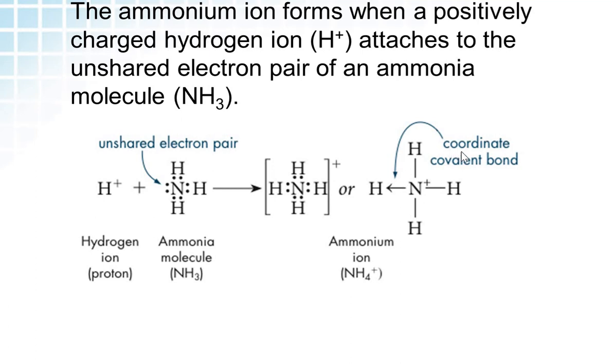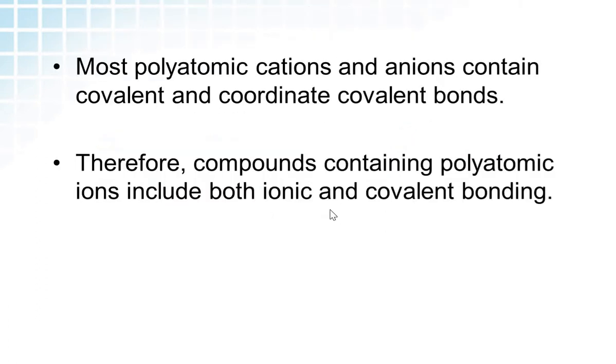So they will coordinate with a hydrogen to form the NH4 ion, because it has a number of protons more than the number of electrons. So it has an extra positive charge, NH4+.